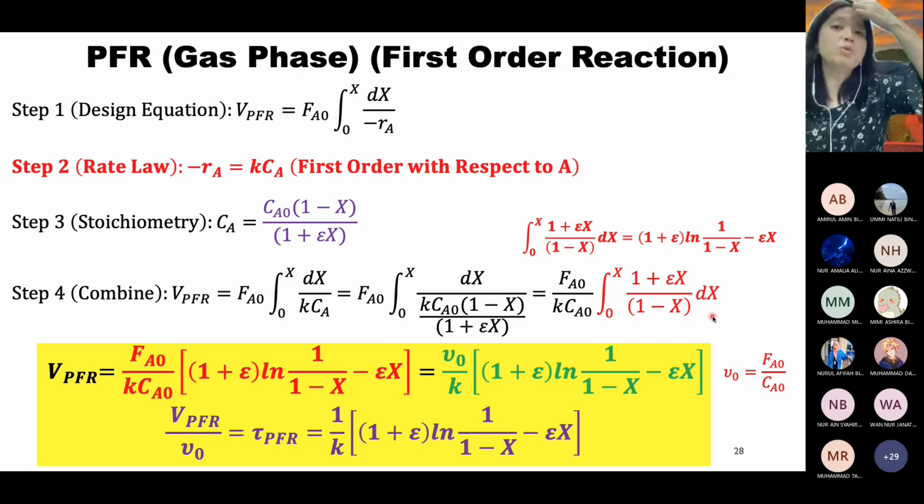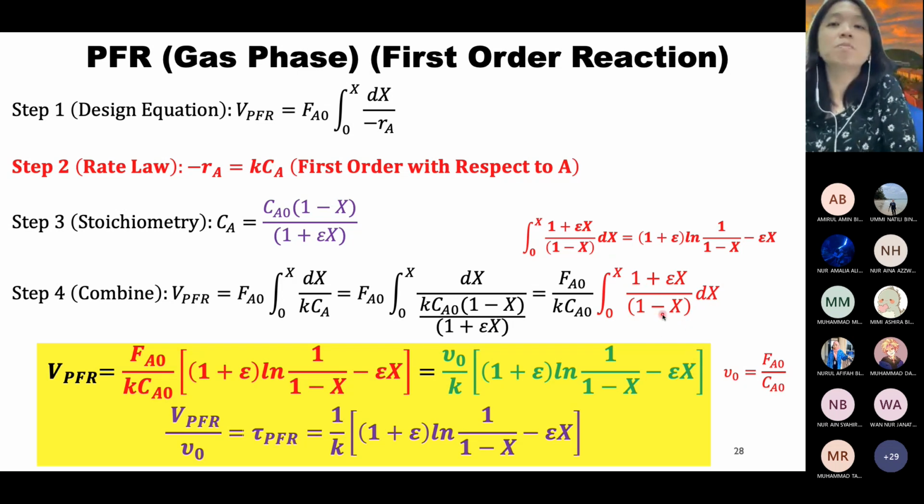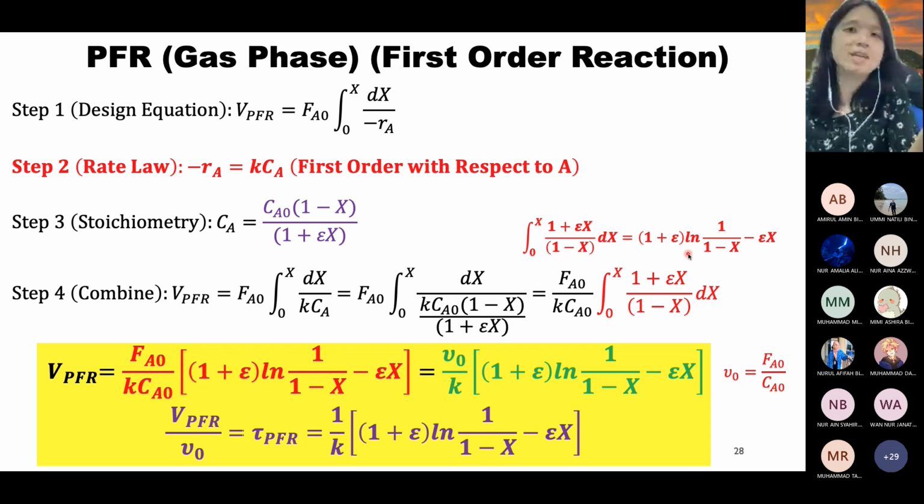So now I'm supposed to integrate 0 to X, 1 plus epsilon X per 1 minus X terhadap X, right? Okay, so same concept. This integration dah ada dia punya solution. Kalau macam kamu buat dalam matematik, kamu kena check sendiri penyelesaian dia.